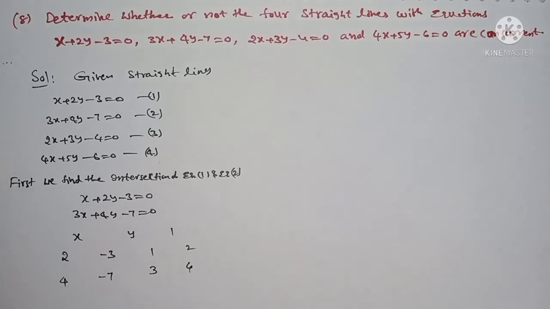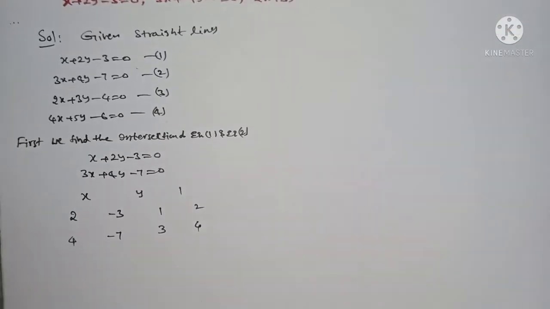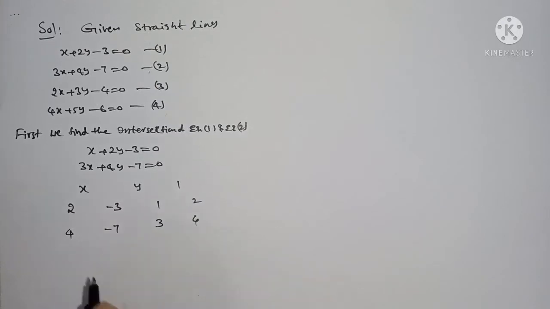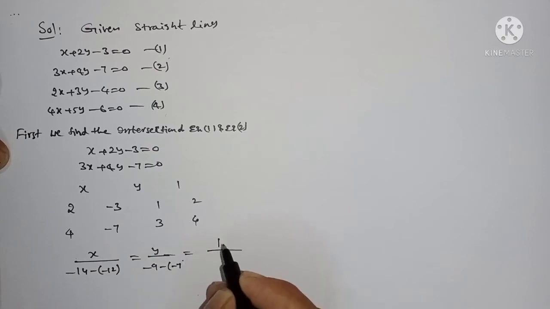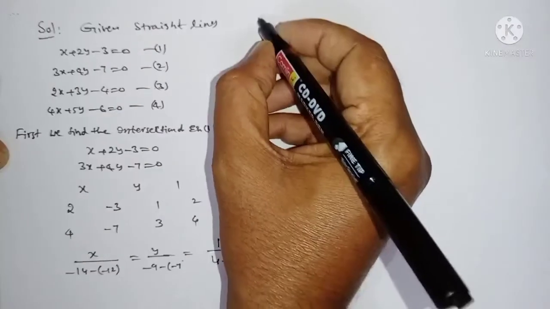Therefore I can write x by, minus 14 minus of minus 12, y by minus 9 minus of minus 7, 1 by 4 minus 6.